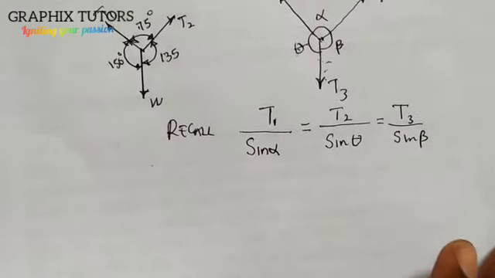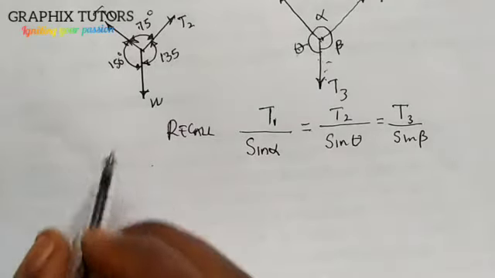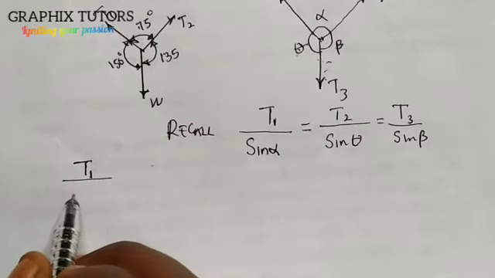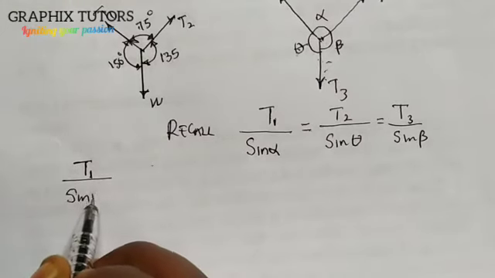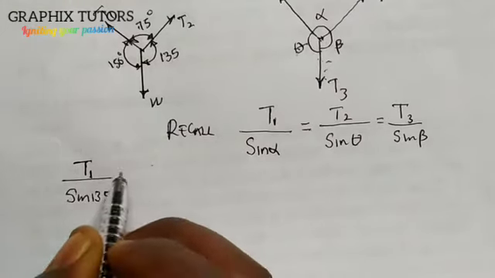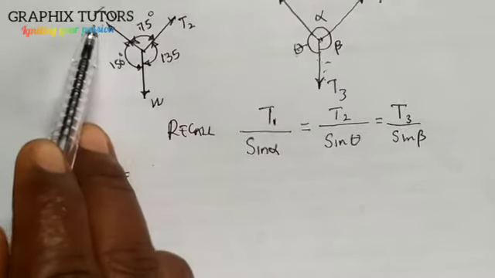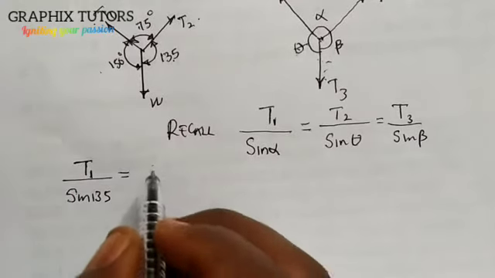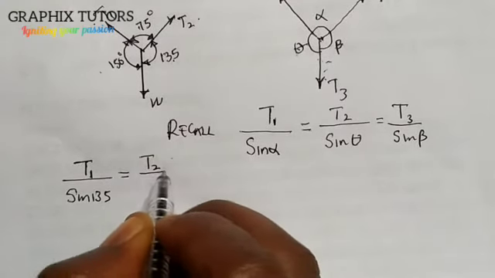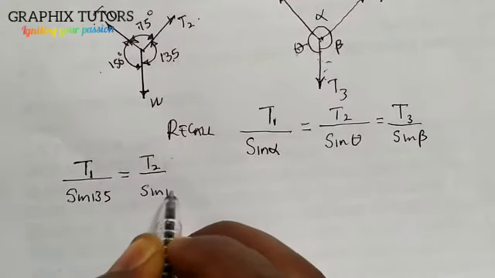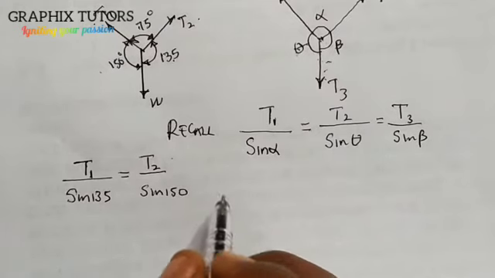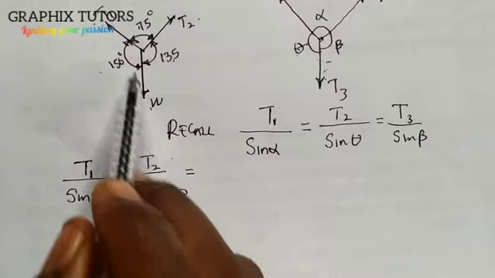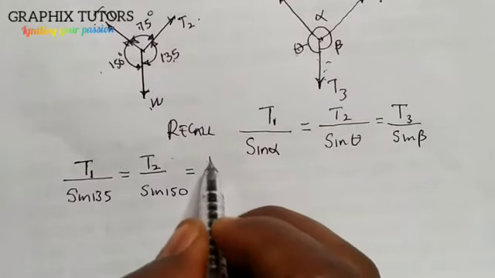So from here, I will now move forward and say that T1 over sine 135 equals T2 over sine 150, then equals W, which is the weight, over sine 75.